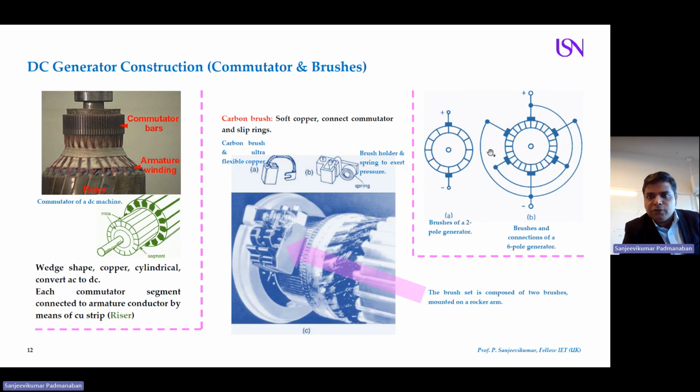So this is an example of two-pole, two-brush construction, and this is a six-pole generator with six brushes. Is it clear to you? Combine all the negative voltage generating coils together, positive sets all together, and you get two terminals. Now here I will have only positive, here only negative. So it's a connection. Can I go to the next one?